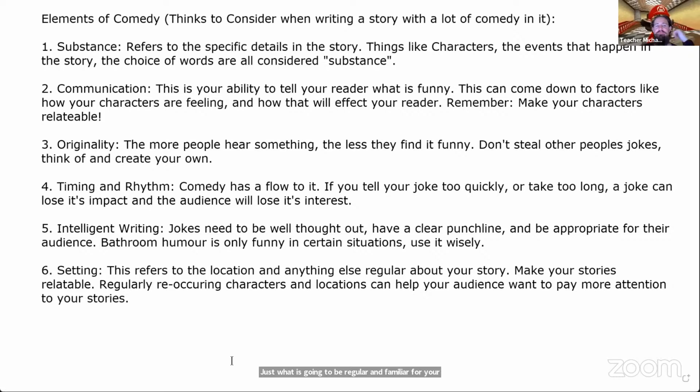because regularly reoccurring characters and locations can help your audience to want to pay more attention to your stories. Because if they read about the same few characters enough, they start to almost build a bond with those characters. They start to invest in those characters, and they start to care about those characters.